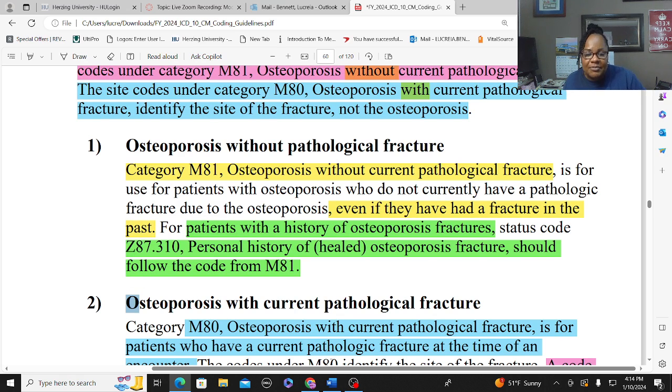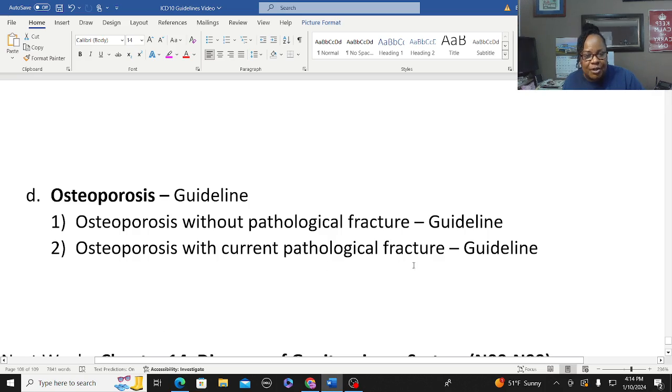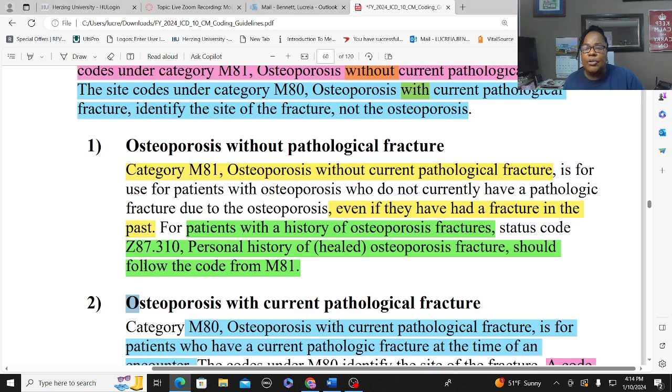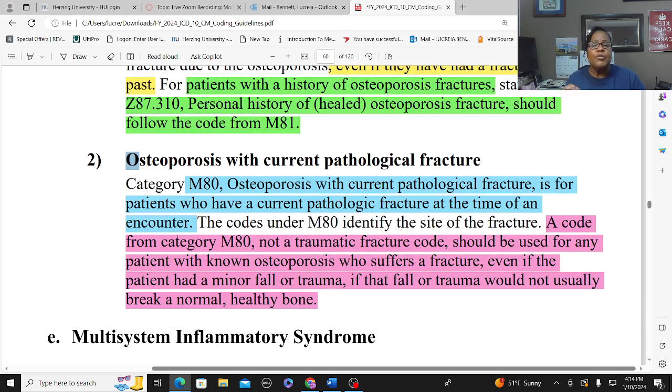Whereas, let me make sure of number two, straight from the guidelines. Number two, if you have osteoporosis with a current pathological fracture, category M80, osteoporosis with current pathological fracture, is for patients who have a current pathological fracture at the time of an encounter.